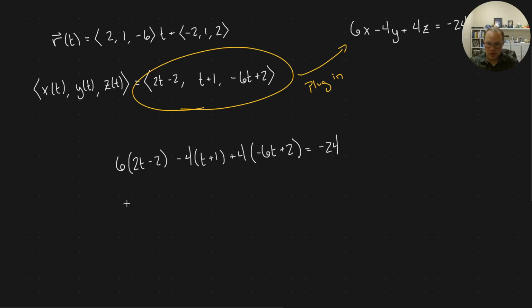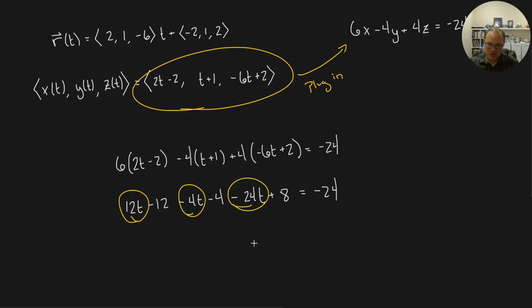So just distribute. I get 12t minus 12 minus 4t minus 4 minus 24t plus 8 equals negative 24. Combine like terms on the left-hand side of the equation. 12t minus 4t is 8t. Minus 24t is negative 16t.